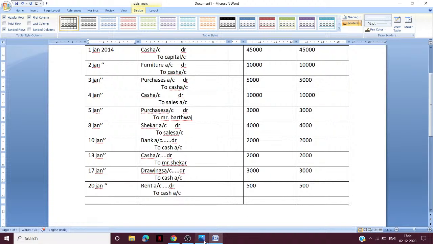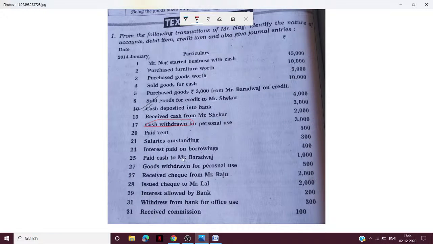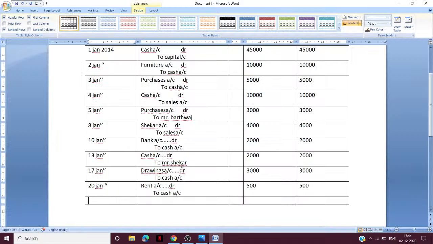Next we have salaries outstanding. See, outstanding for the time being, I'll tell you later. Outstanding is very simple. It is not paid yet. In simple words, it is to be paid. So salaries is not paid. Always remember expenses will always come under debit side. So salaries are expenses for business. So 21st January transaction has taken place.